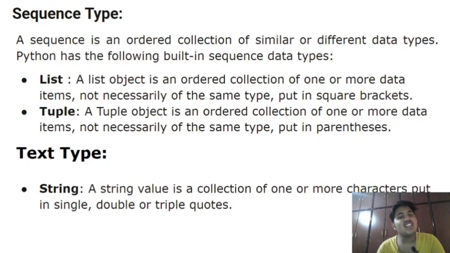List is an ordered collection of one or more items, not necessarily of the same type, put in square brackets. The best example of a list is when we go to a grocery shop or market. We prepare a list of the things we want. Yes or no? A list is a collection of more than one element.